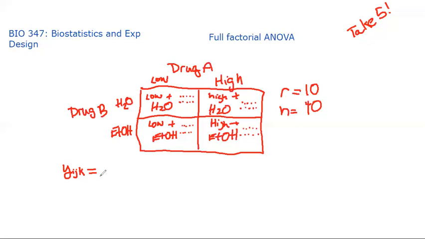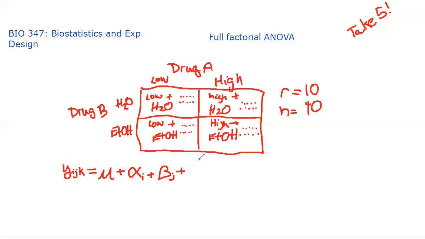Well, there's going to be an overall mean, which we'll call mu, plus the effect of drug A, alpha, and it depends on what level it's at, so alpha sub i, plus drug B, which we'll call beta, and we'll call its levels j. So j could be water or ethanol.